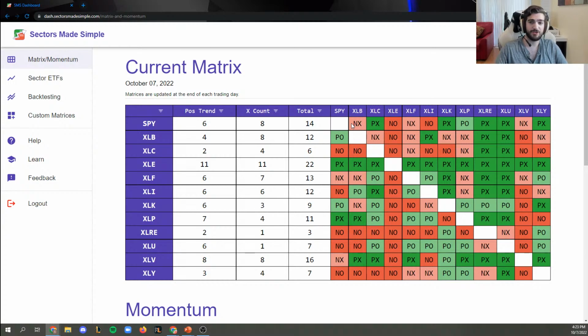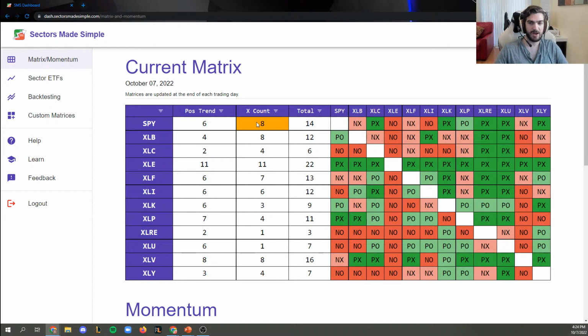It's short-term direction, X or O. And it's long-term trend, P or N. Then we can add them up. So here we see SPY has a positive trend of 6. So if we were to count up all the P's, 1, 2, 3, 4, 5, 6, that's what we would get.